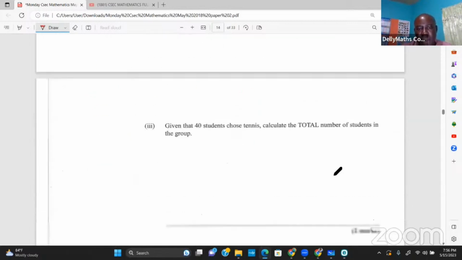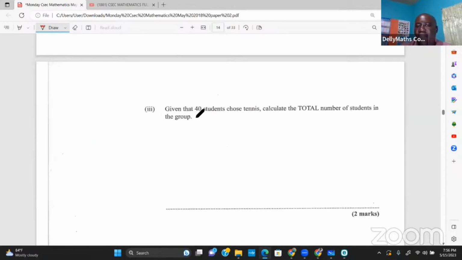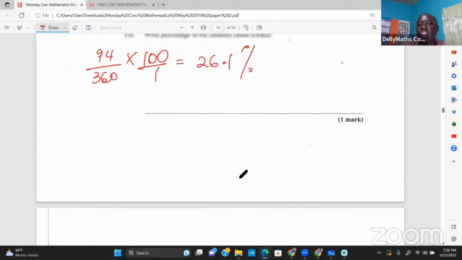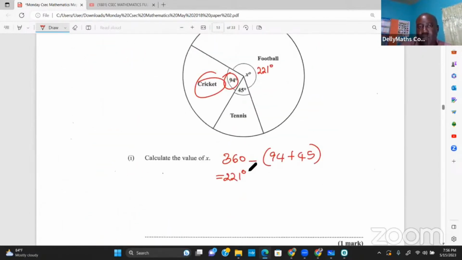Let's see what the next question says. A lot of 1 mark they're giving us. Given that 40 students chose tennis, calculate the total number of students in the group. 40 chose tennis. There are 2 ways you can do this.